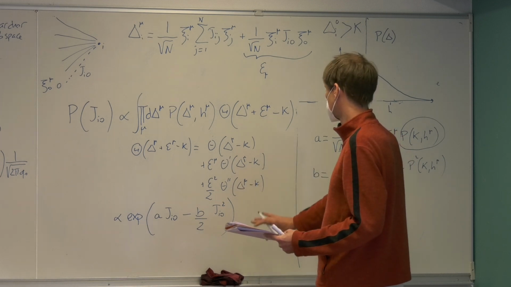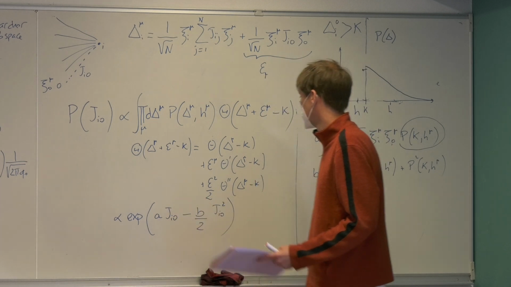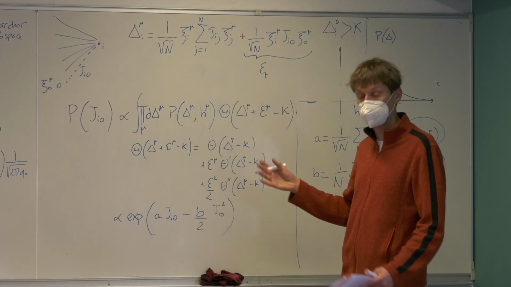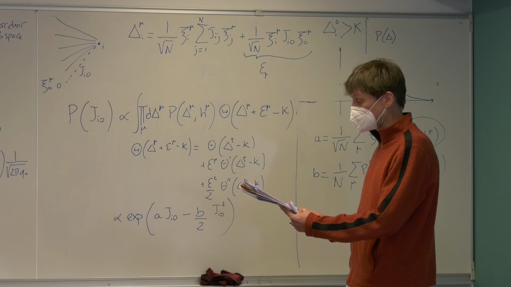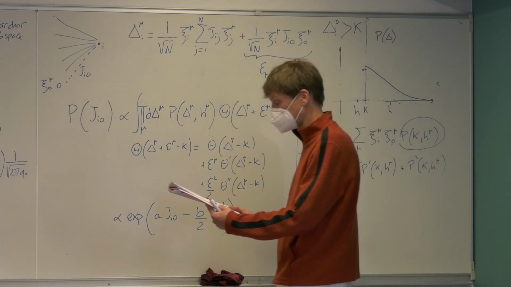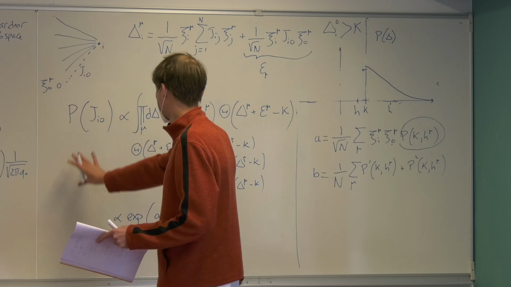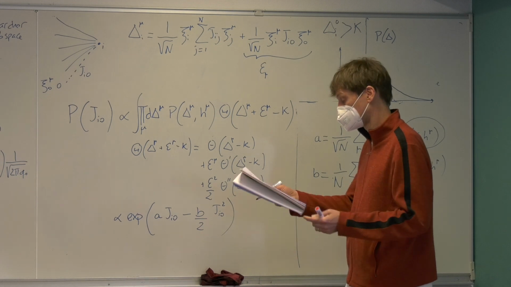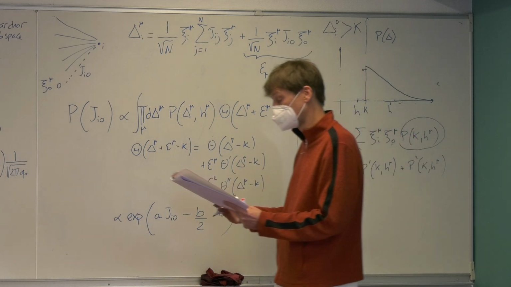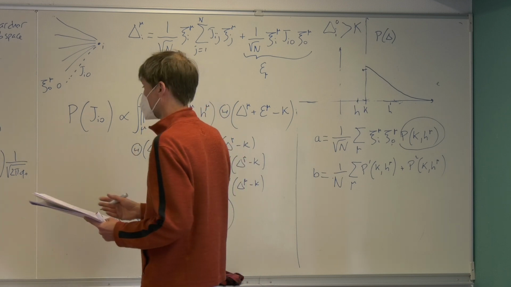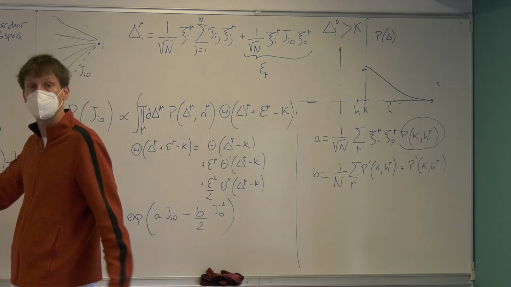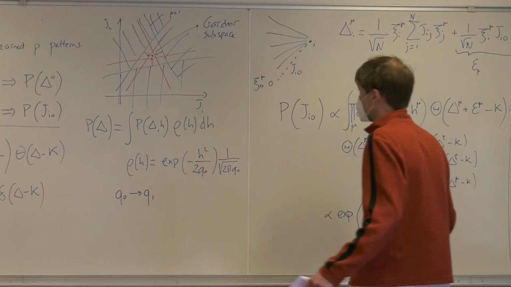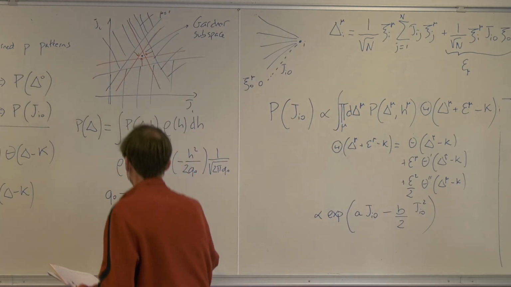Okay, then what you have to do, so again, this was actually the distribution of J's, and now you have to perform the average over the patterns. That's a little bit tedious, but that can be done. Essentially, what you'll find is the distribution of J's, which will of course be a Gaussian, and from this distribution you can now compute these parameters Q1 and Q0 that I unfortunately erased, but let me write that here.